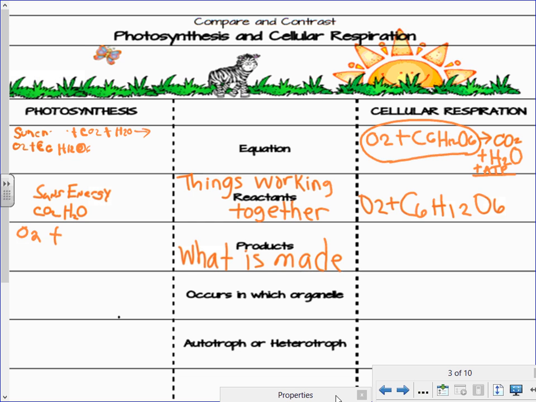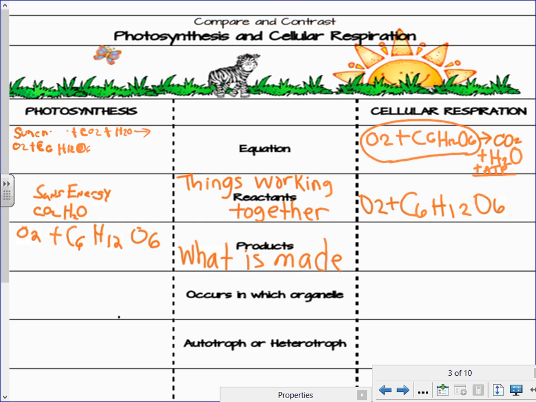Help them out, guys. Write it down. Give me a marker. Thank you, Gabriella. So for photosynthesis, it makes what? What are those things? Tell me. Oxygen and glucose. That is the product.